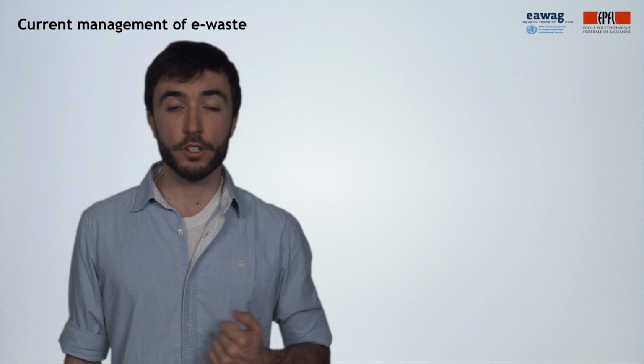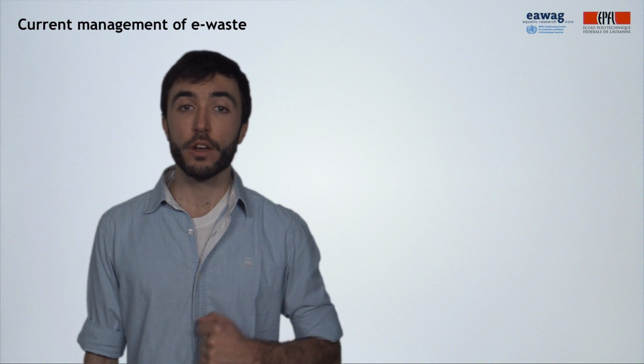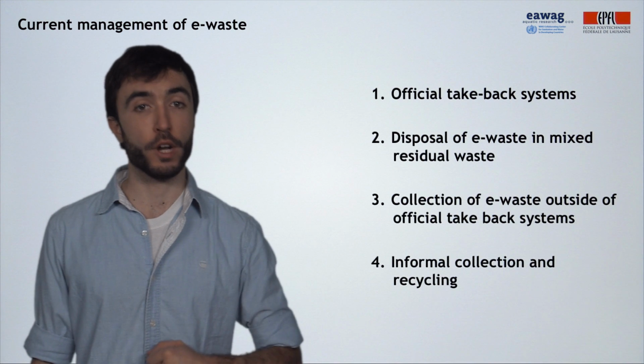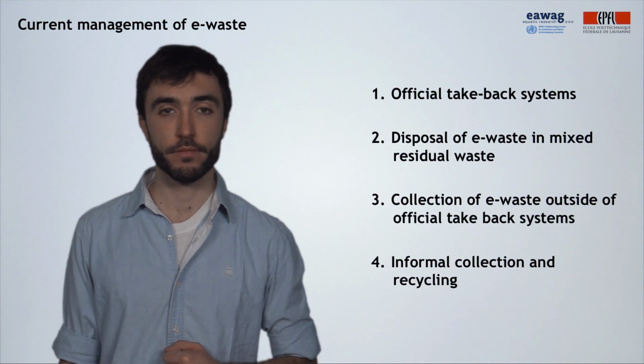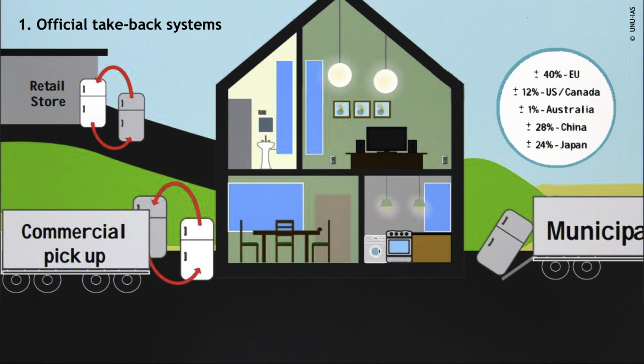So what happens currently with e-waste? We distinguish these four main practices. The first practice consists of official take-back systems. In this case, e-waste is mostly collected by municipal collection services, retailers such as stores or supermarkets, or commercial pickup services.